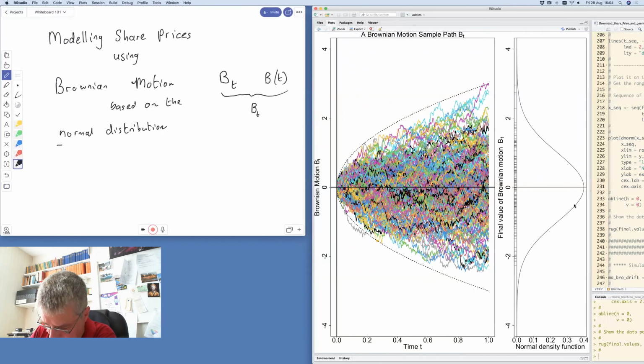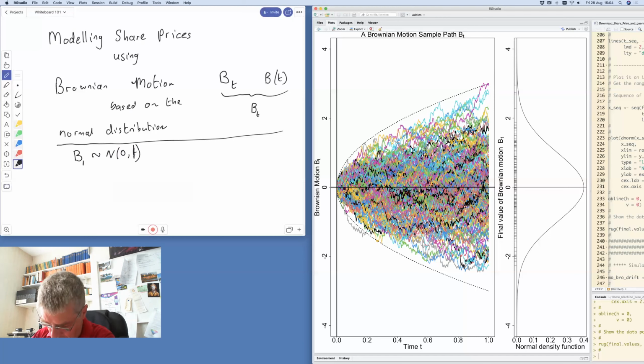So it's a fact about Brownian motion that if I ask what is the value of Brownian motion at time 1, well, that's a random variable. It depends on the Brownian motion sample path up to time 1. But what we can say about it is that it's normally distributed with mean 0 and variance 1.